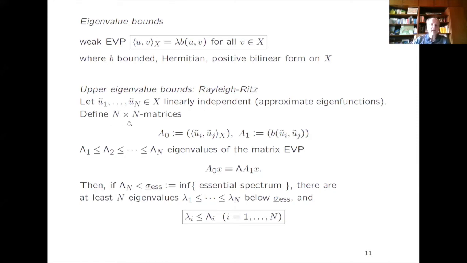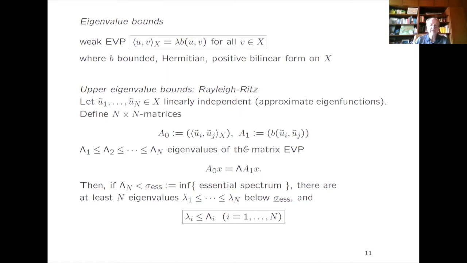Then define N by N matrices, which correspond to the left and the right side of the eigenvalue problem, but now only for these finitely many test functions: the inner product of ui tilde and uj tilde in X, and B of ui tilde and uj tilde on the right. And now suppose that we have computed the eigenvalues of the matrix eigenvalue problem A0 x equals lambda A1 x.